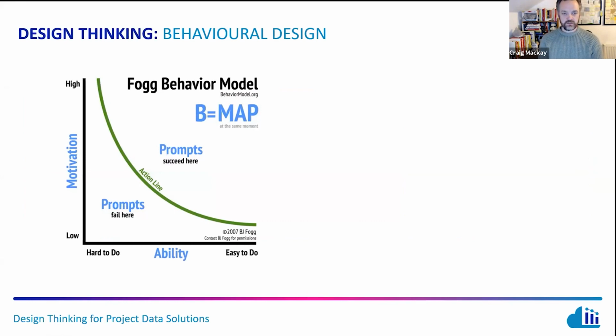So this is all looking at what motivates us and what gives us the ability to take action. And this is from Fogg's behavior model. I'm a big fan of BJ Fogg's work, but actually there's a lot of behavioral design science that is fairly common, well understood, and has been there for decades, of how are people motivated to make a decision? What triggers them to make a decision?